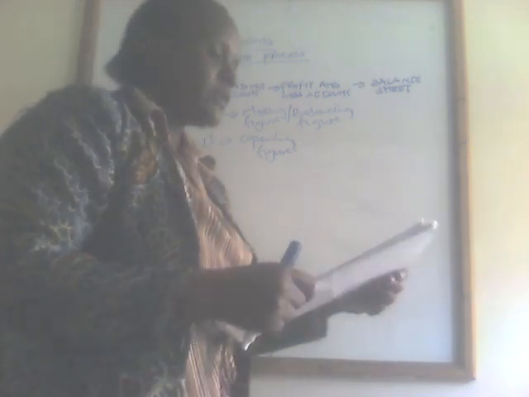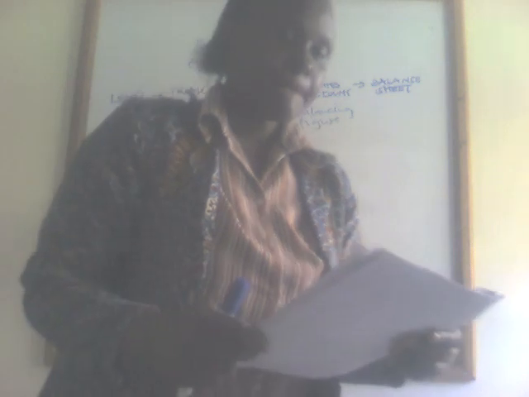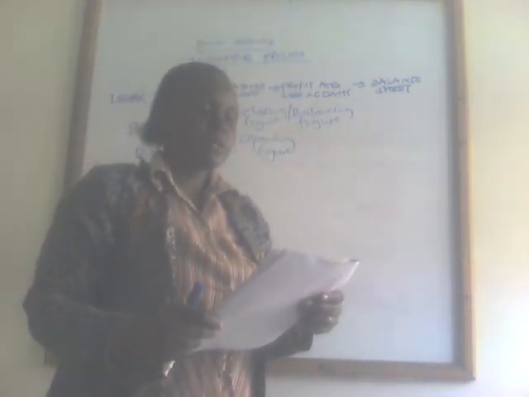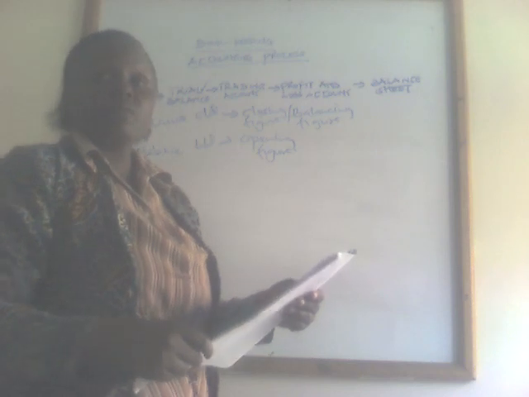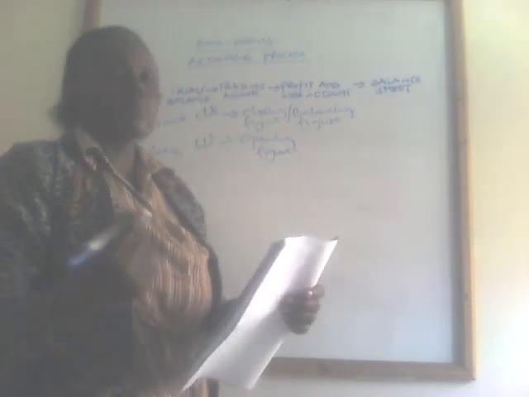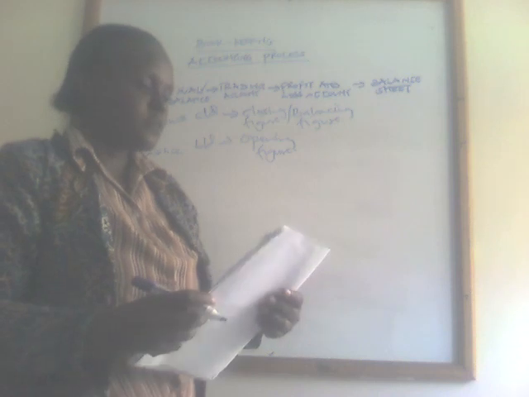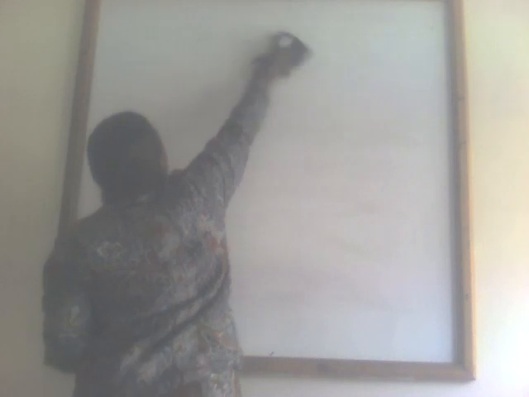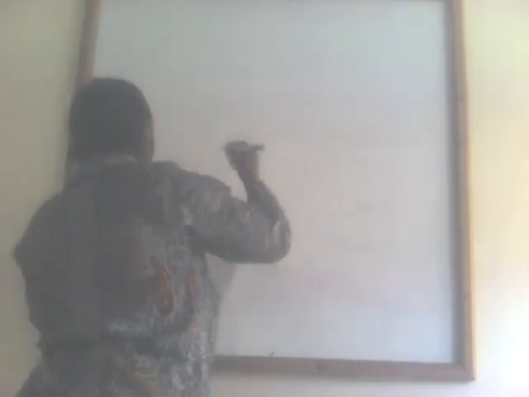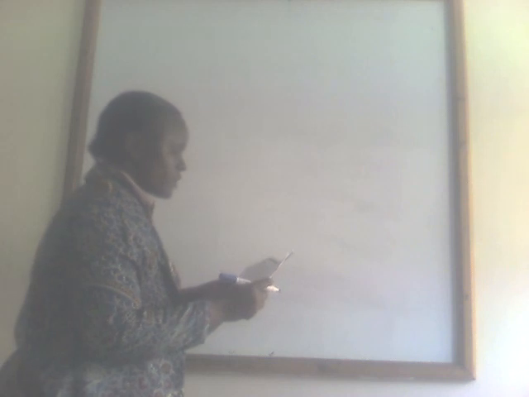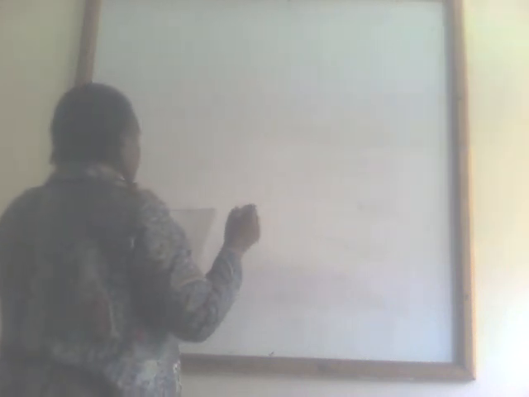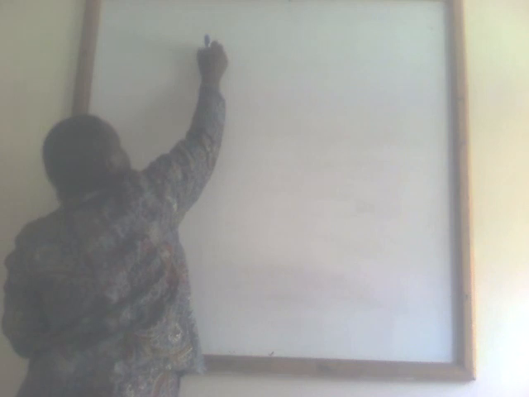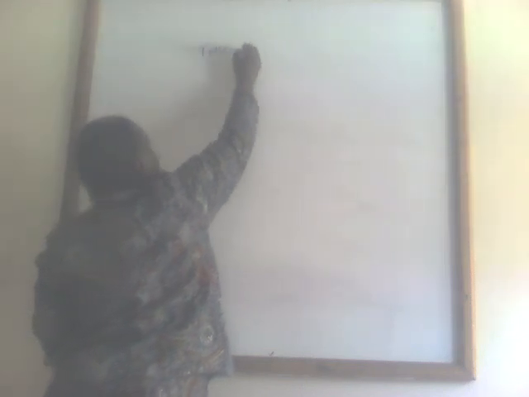We are given balances of Tenor Enterprises as at 30th September 2014. I've given you the format of a trial balance, but I'm going to give you an example so that you can remember the format. So a trial balance has the title. For example, here we are given the business name as Tenor Enterprises.